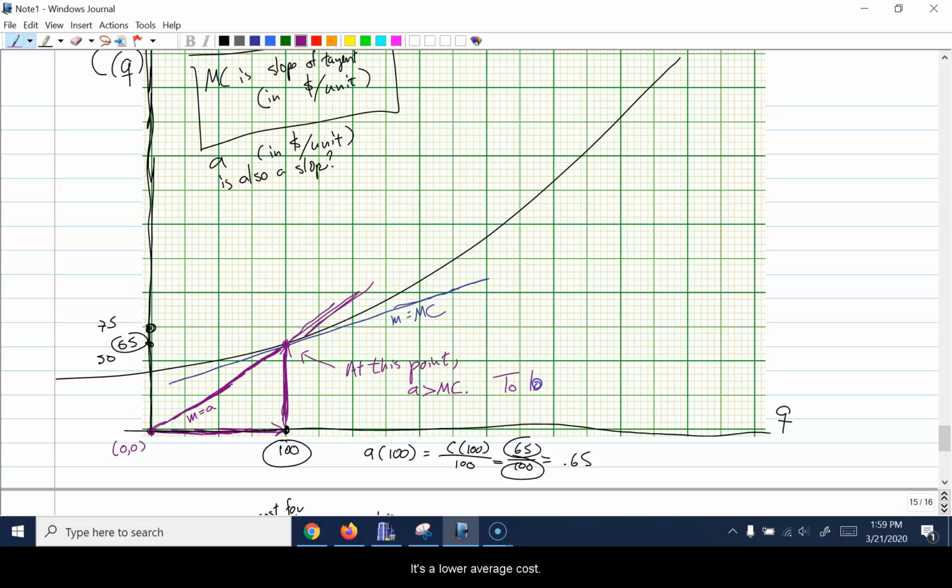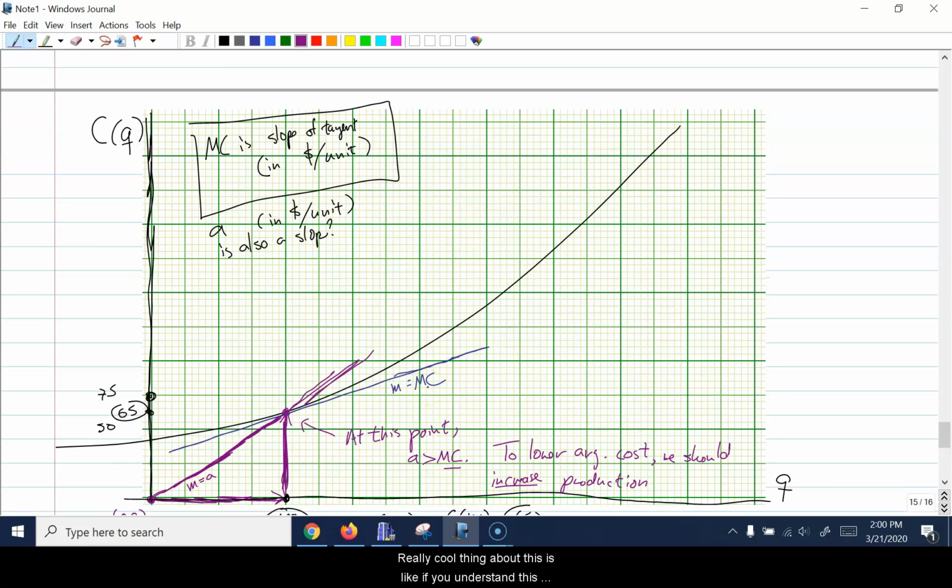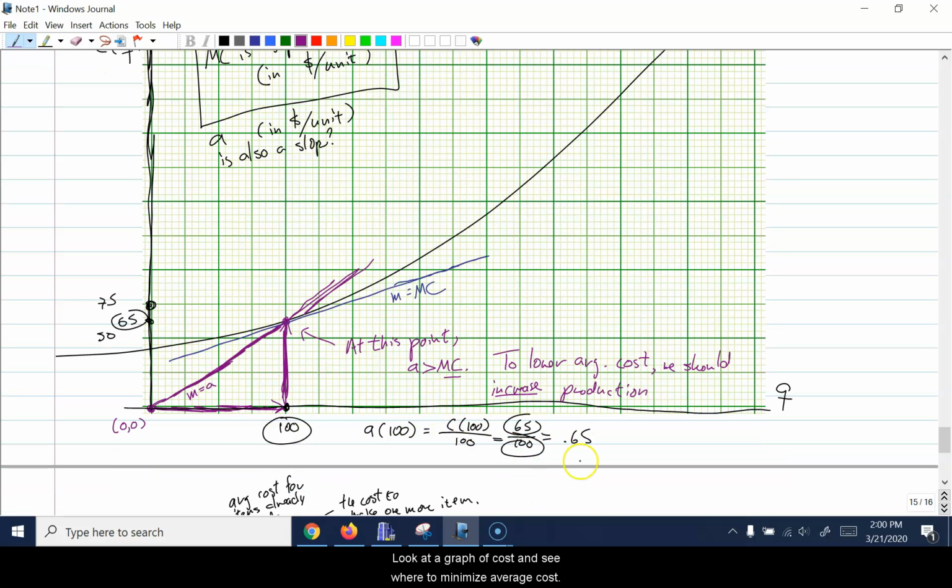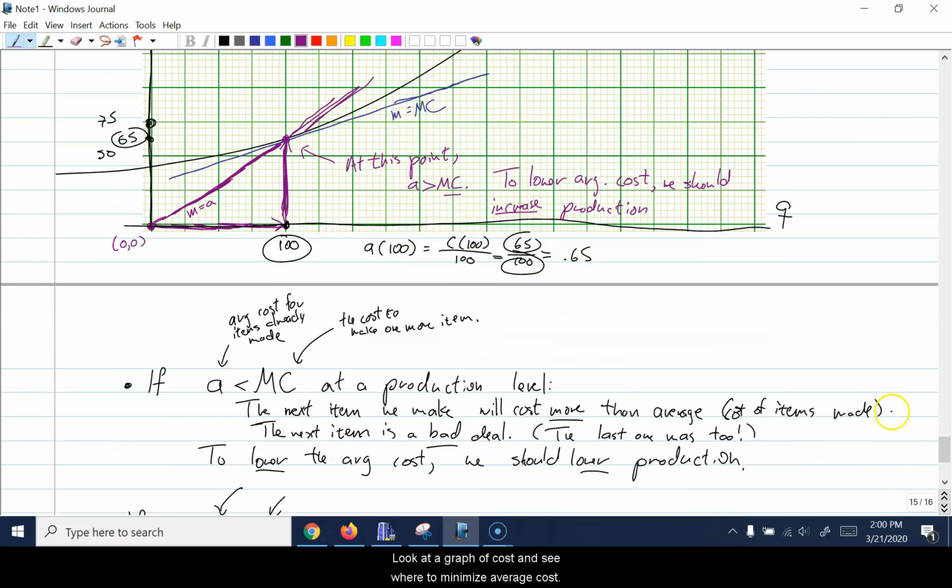So to lower average cost, we should increase production. The next one we're making is cheaper than average. It's a good deal. We should make it. We should increase production. We should make more units. The new units are cheaper than average. The really cool thing about this is, if you understand this graphical interpretation, you can look at a graph of costs and see where to minimize average cost.